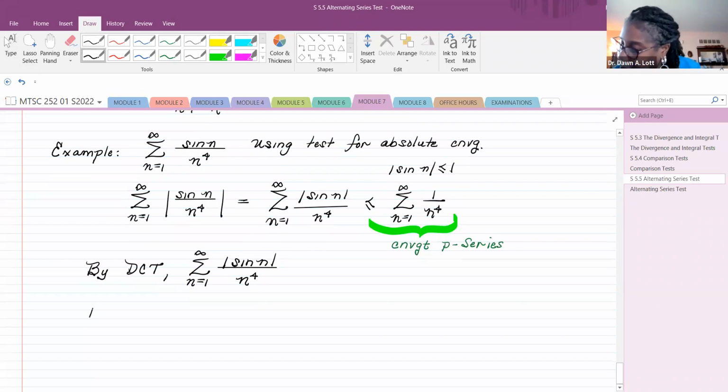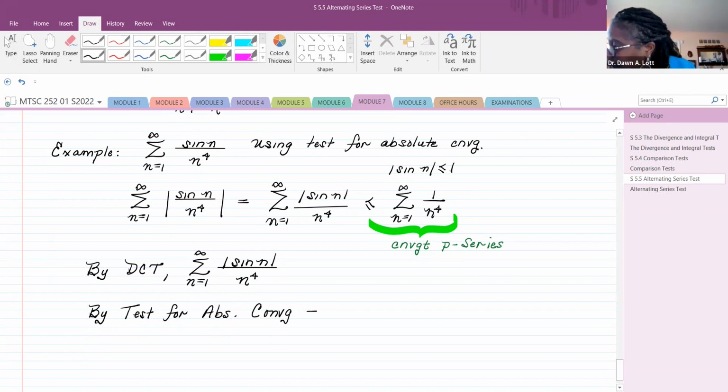And then by the test for absolute convergence, that implies that the summation n equals 1 to infinity, the one without the absolute values, converges absolutely.